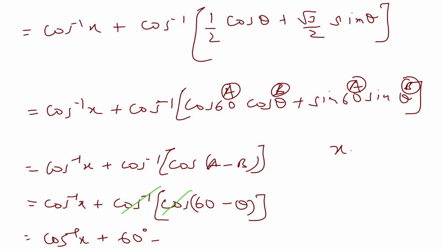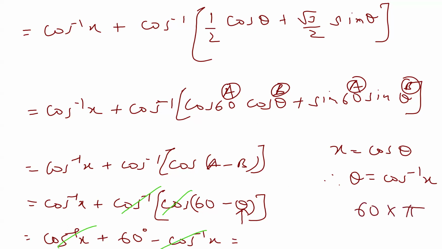Now we have taken x as cos theta earlier, therefore theta is equal to cos inverse of x. So make this theta as cos inverse of x. Cos inverse of x minus cos inverse of x cancels. 60 degree converted into radians is 60 into pi by 180, which is equal to pi by 3. So the answer is pi by 3.